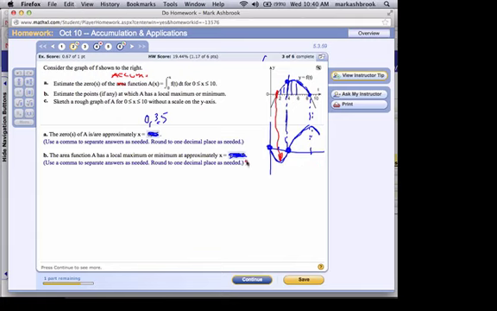Where else is there a max or a min? Is there another one? Here? Nope. So why is that a maximum accumulation? It changes sign from positive to negative. What changes sign? The bits start changing from being added to being taken away. And how do you know it's right there?